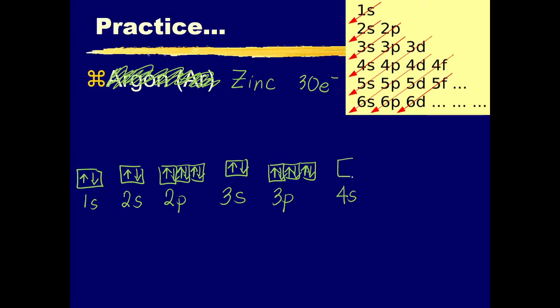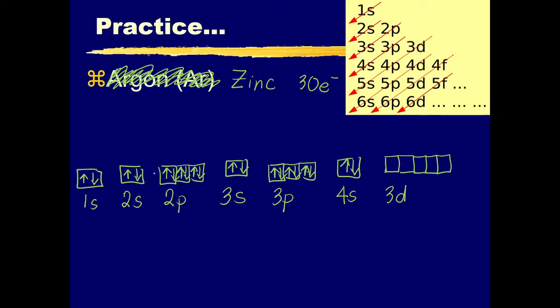Sunod ni 3p, 4s. Arrow up. Unsay sunod ni 4s? 3d. Pila ka boxes ang d? 5. Okay. Pila na gani initanan from 1s to 4s na natay? 20.